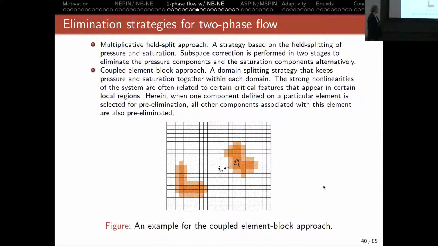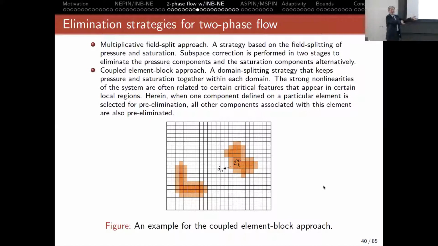So in a two-phase problem in 2 dimensions, we have a choice of how we identify the bad degrees of freedom. One possibility is to look for high residuals, which may occur near the sources and sinks or near particularly transitional places in the permeability tensor, for example. Another possibility, just to mimic the industry standard, is to say, okay, all the pressure unknowns are bad.